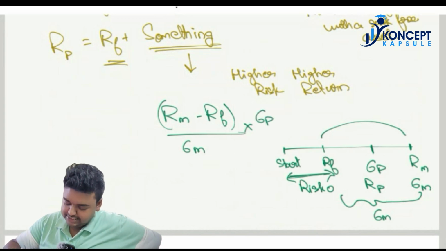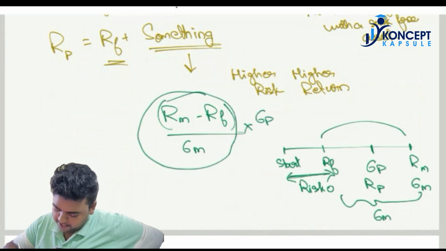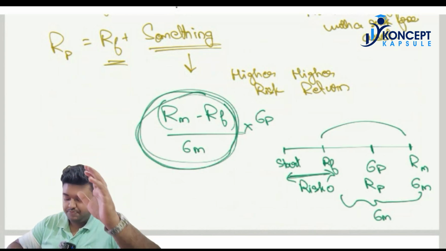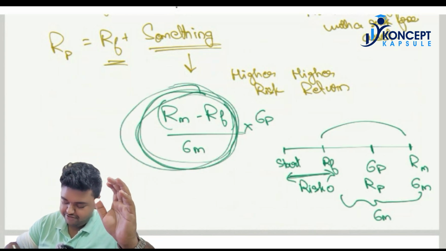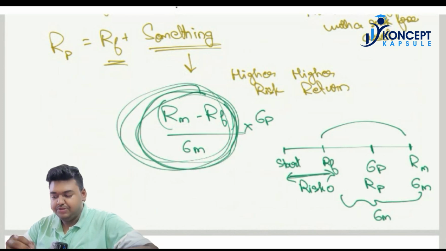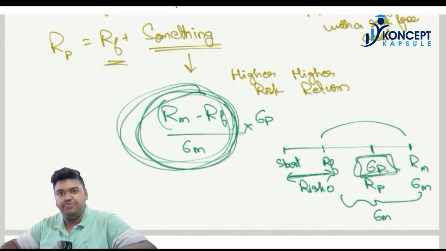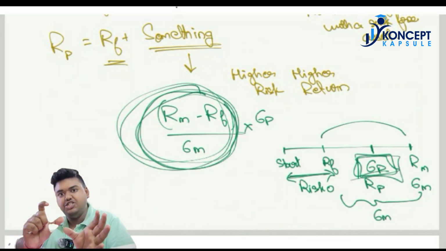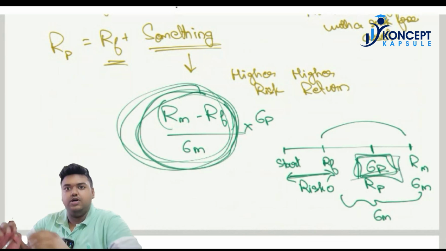So, this is the journey from RF to RM. Hear me out. This is the journey from RF to RM. If I stop at the junction of sigma p, can I say I will have the journey from RF to sigma p?